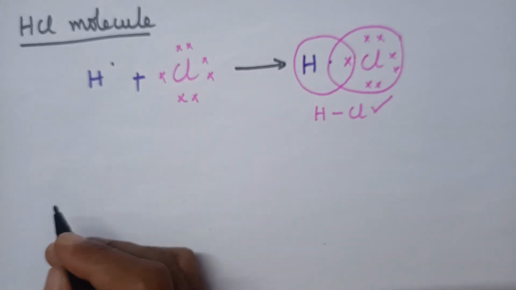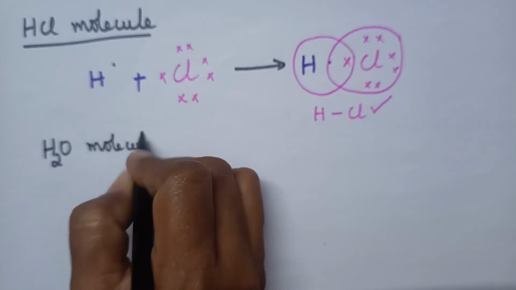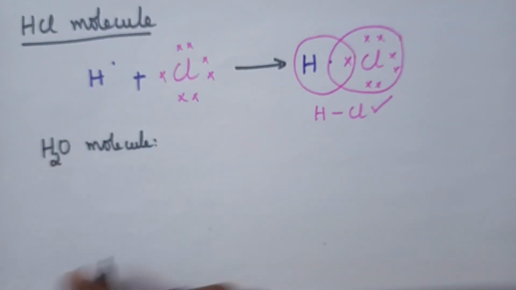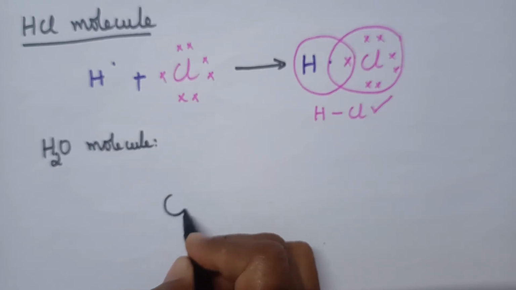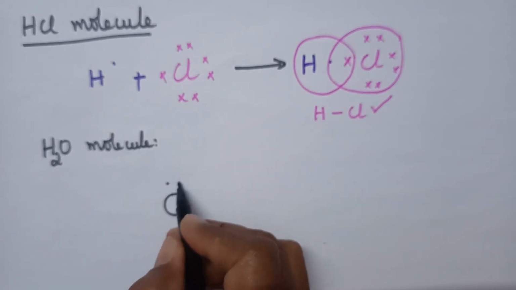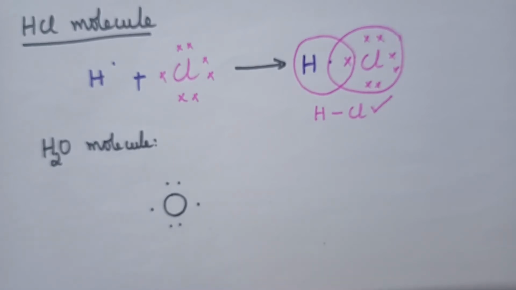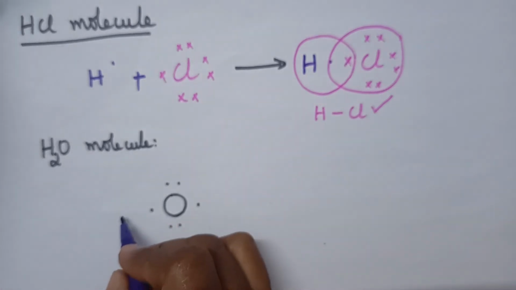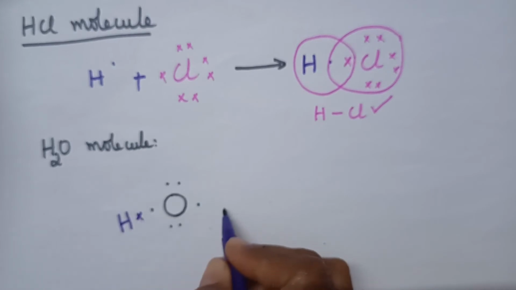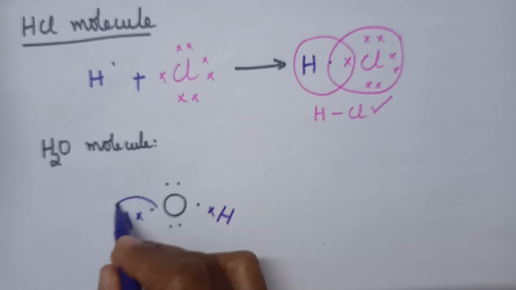And coming to the formation of the water molecule, oxygen is the central atom. And remember, how many electrons does oxygen contain in the outermost orbit, students? It contains 6 electrons in the outermost orbit. So it requires how many electrons for acquiring stability, students? 2 more electrons. So here each hydrogen with 1 electron participates in covalent bond formation.